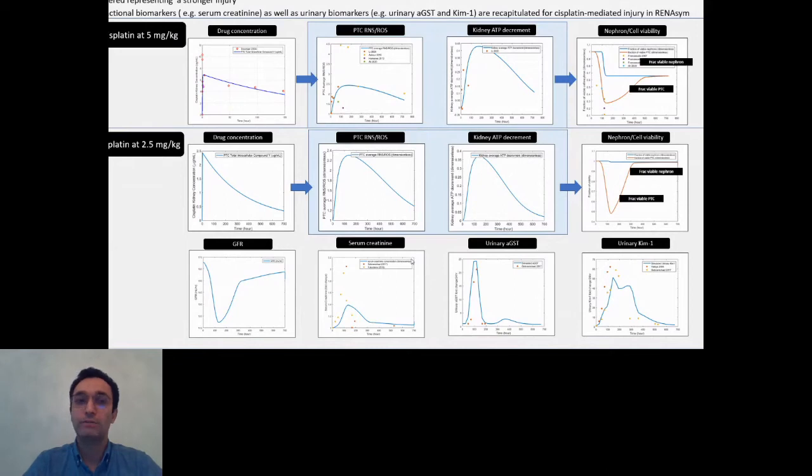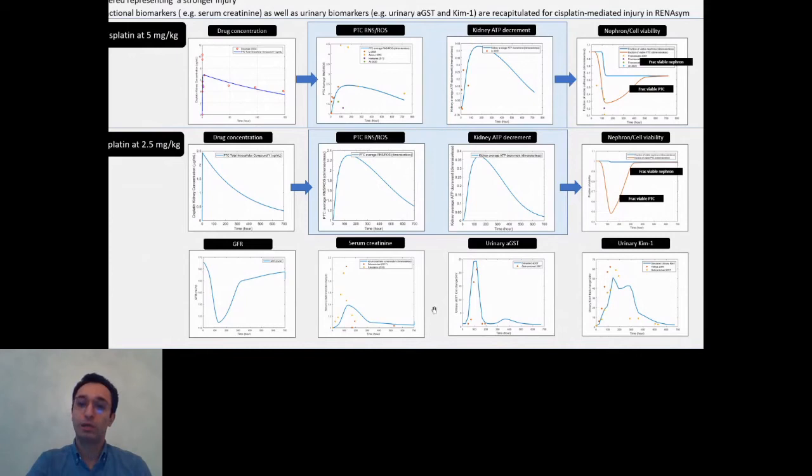And you can see that at the higher dose, we are losing about 40% of the nephrons based on our predictions. We are considering that 5 mg per kg is a severe dose, so we expect that to happen.